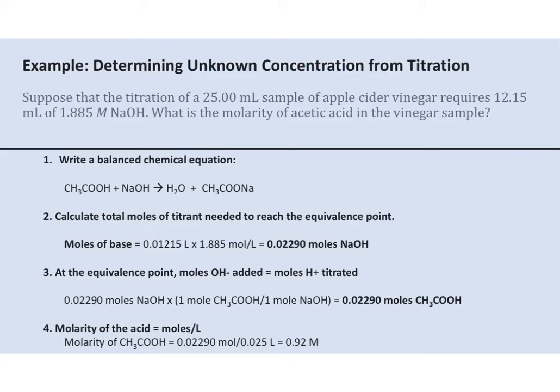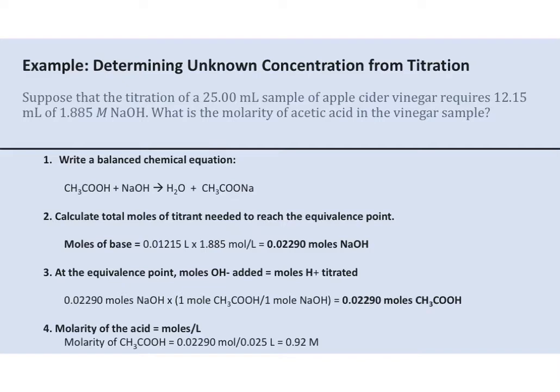All right, so let's talk about really the purpose of this short lecture, and that is, what is the math, or how do you figure out the concentration of an unknown acid or base from a titration? So the best way to teach it, as always, is to go through an example.